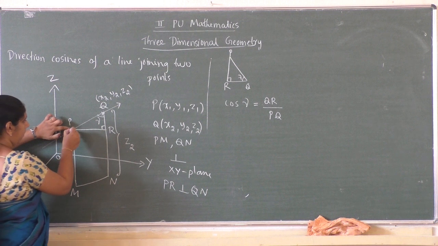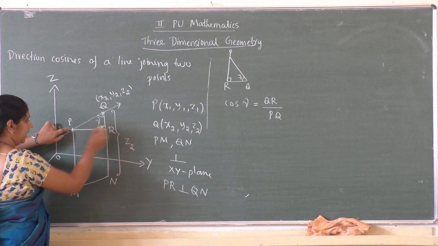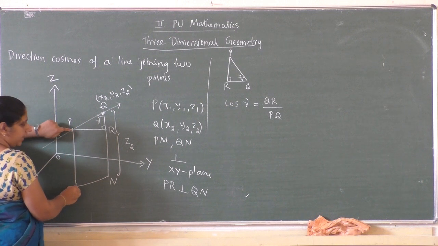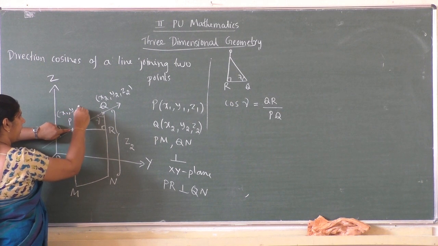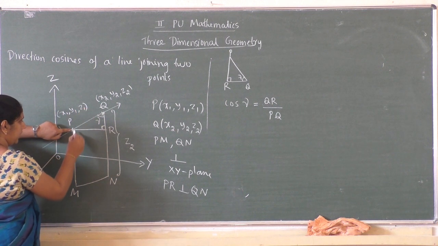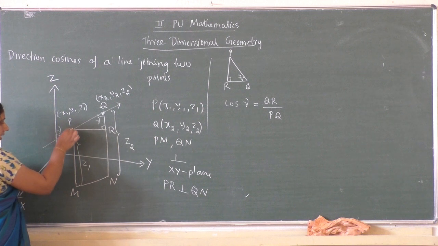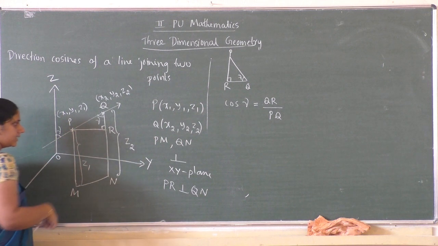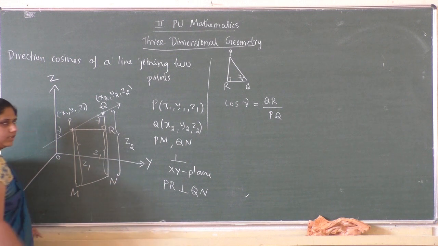Now see the points P and R are at the same height, then what is the distance PM? PM is the z coordinate of the point P. So this distance will be z1. Since PM and RN are the same, here the RN value is also z1.